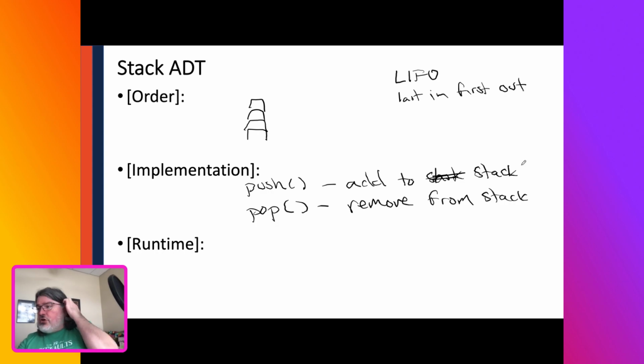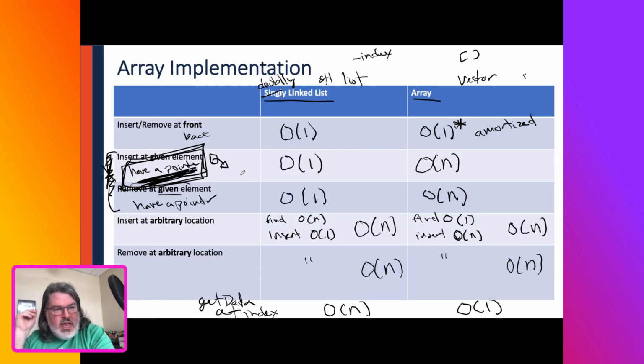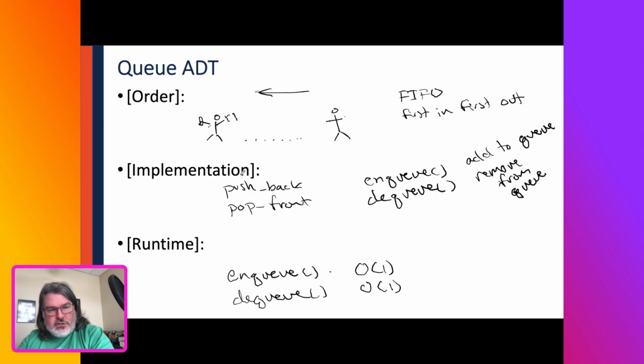And this is much clearer, right? The stack is clearly constant time for both of them, right? Because there we didn't even have to hand wave that we could do front and back. Clearly, insert and remove at front, it works.